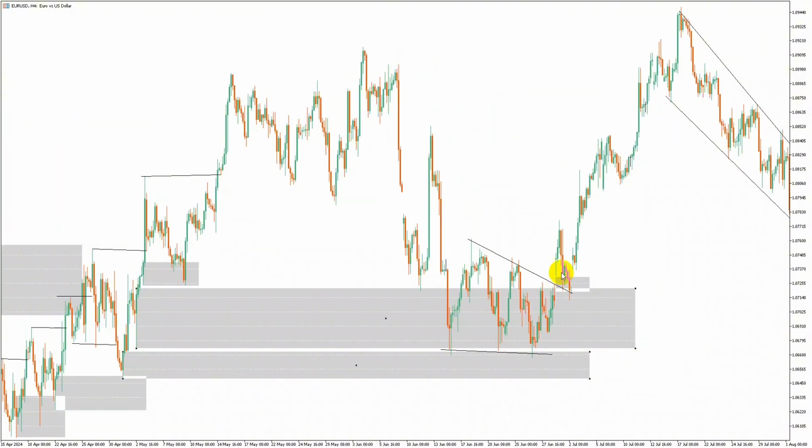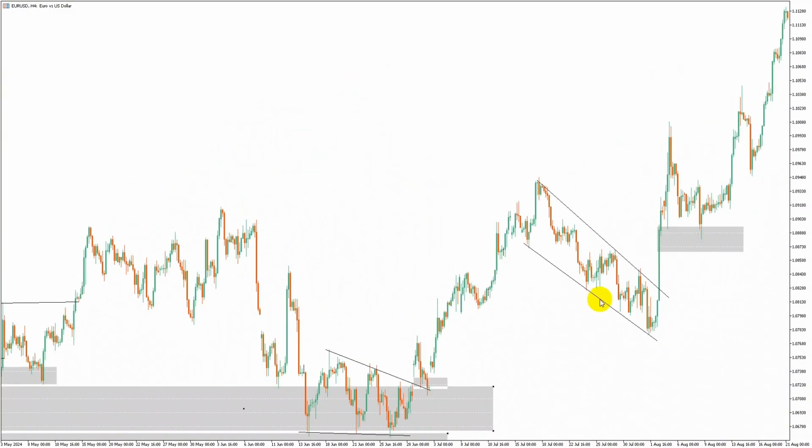After this break of structure, if you go to the lower time frame, like 1 hour, 30 minutes, 15 minutes, that is where price tends to respect the demand zone that has been left over in the 4-hour time frame. So price actually rallied back to the zone and tested that zone. Afterwards, you see price skyrocketed up.